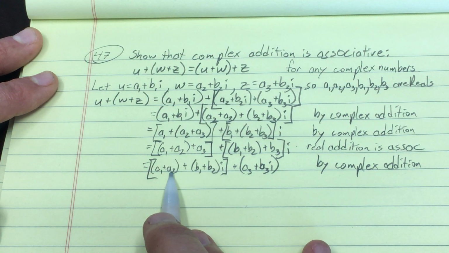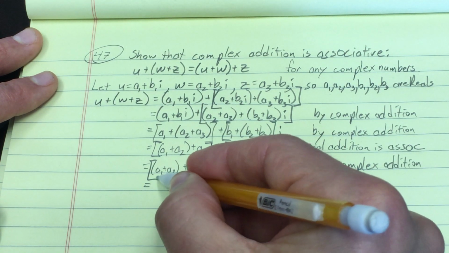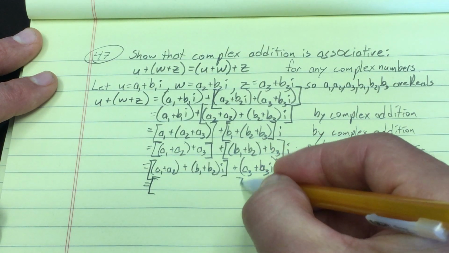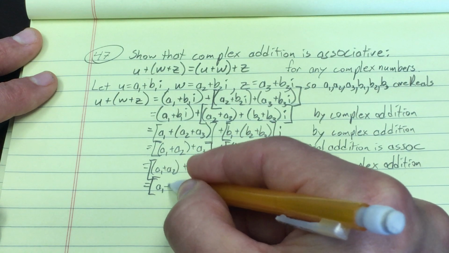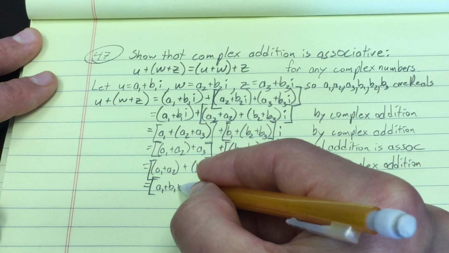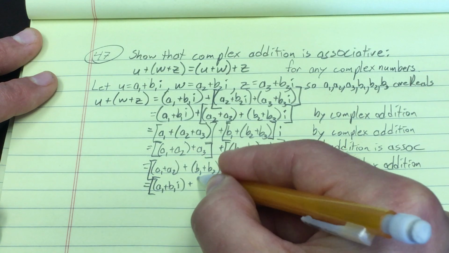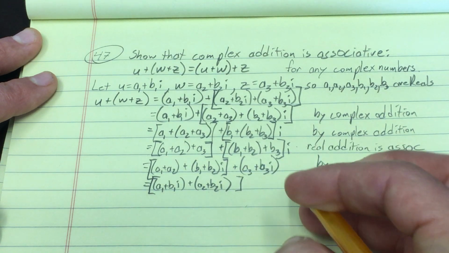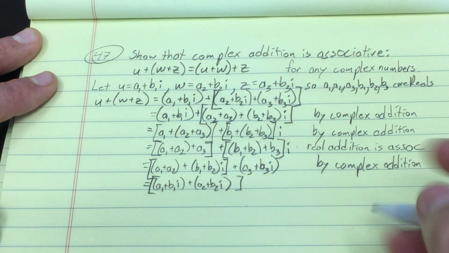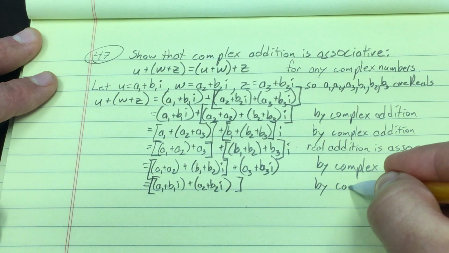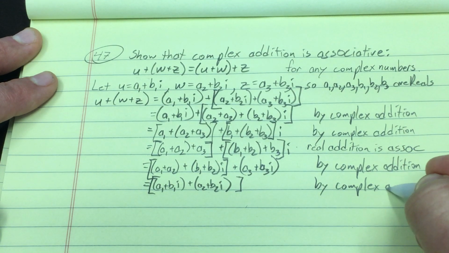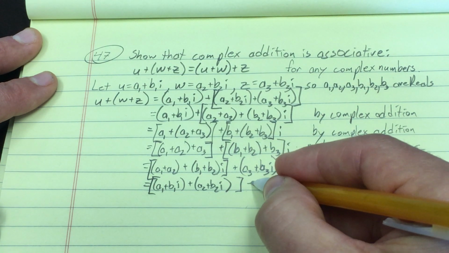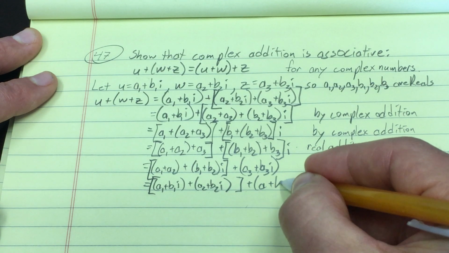Similarly, if you look at this right here, that's basically just the definition of complex addition, where that bracket says a1 plus b1i plus a2 plus b2i is the thing in there, just by complex addition. Okay, and of course this term just kicks around at the end. We didn't do anything to it.